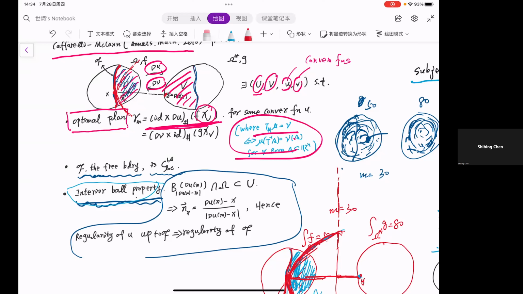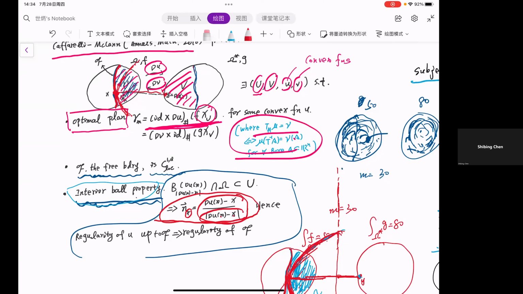The unit normal of the free boundary at x is given by the transport direction. If the two domains are disjoint, then Du(x) and x are not equal, so this is non-zero. So the unit normal direction is well defined.